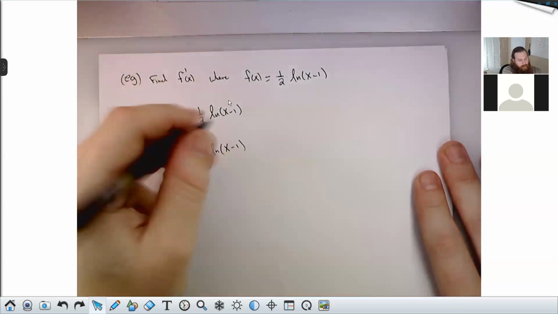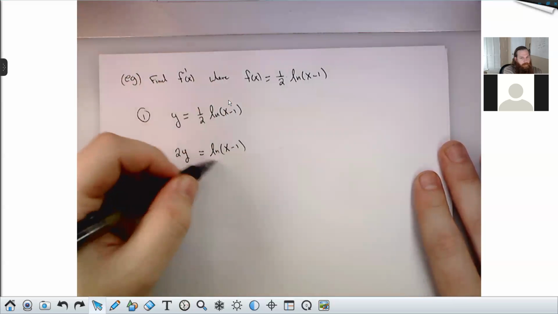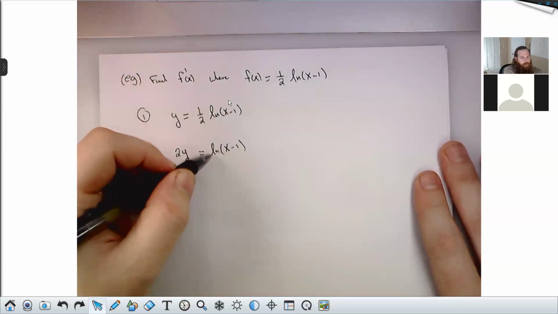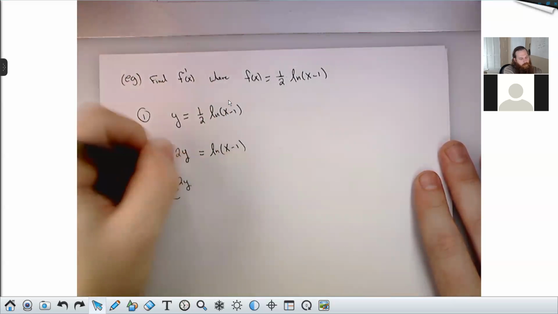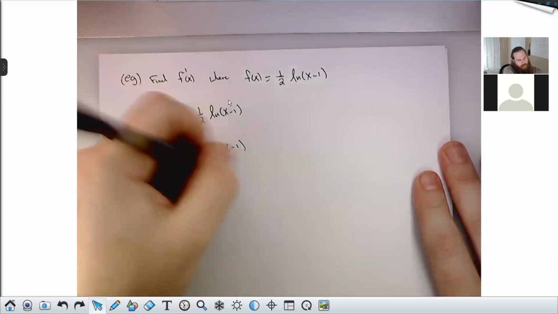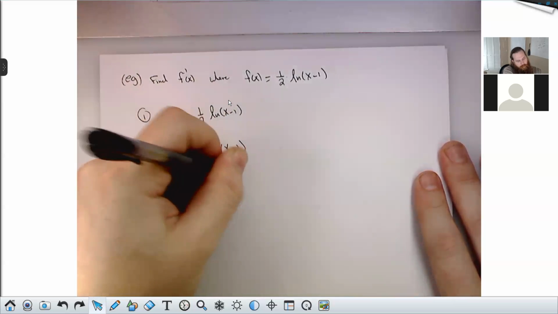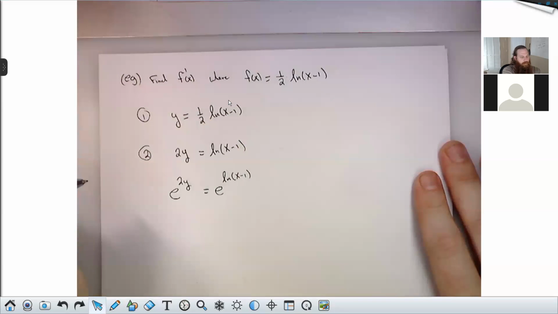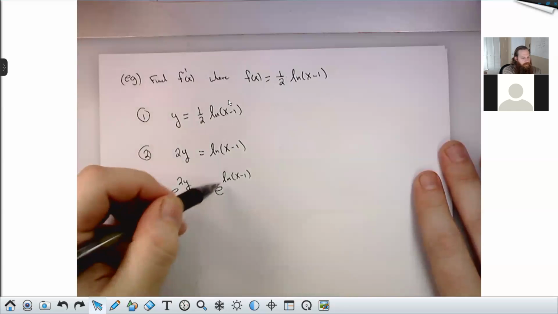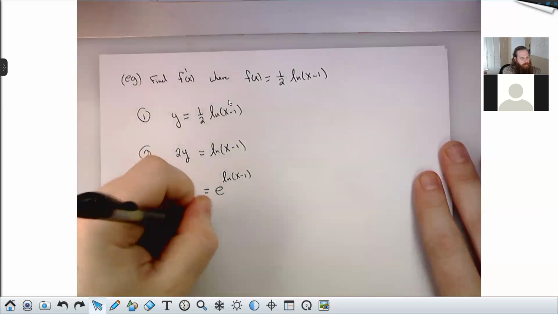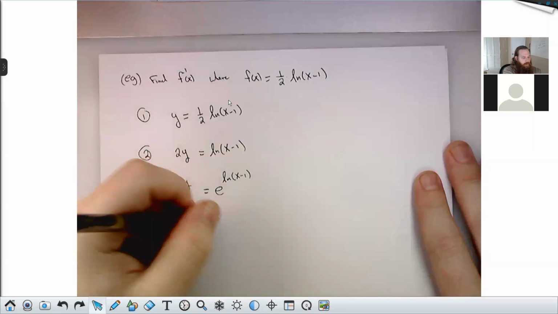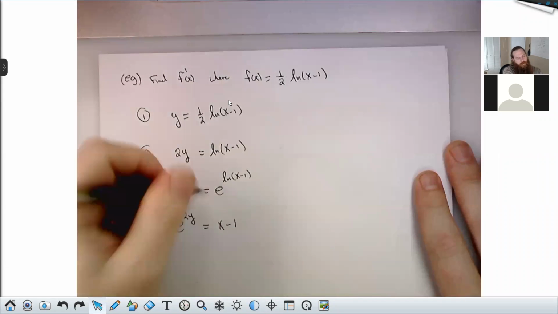And then I'd exponentiate using whatever the base of the logarithm is here. So the base of the natural log is e. So I get e to the 2y equals e to the ln of x minus 1. e to the ln of x minus 1 is just x minus 1. So now I have e to the 2y equals x minus 1.